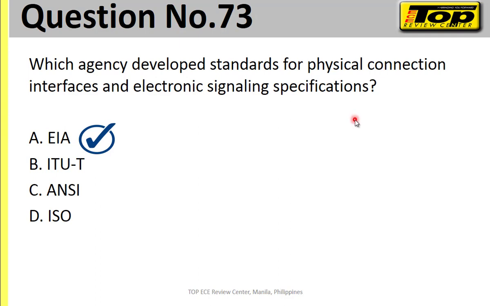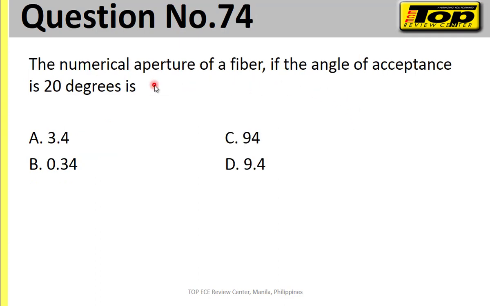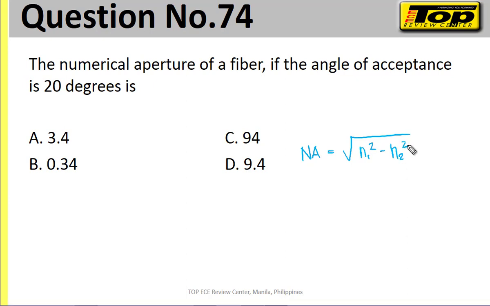Okay? For number 74, the numerical aperture of a fiber, if the angle of acceptance is 20 degrees, is what? How do we compute for the numerical aperture? Numerical aperture is equal to the square root of n1 squared minus n2 squared. Correct? Or if you have the angle of acceptance, that will be equal to sine of theta, where theta is the angle of acceptance.